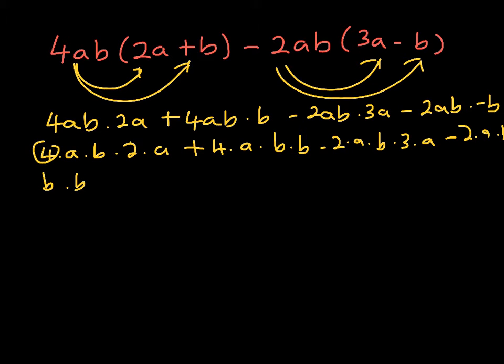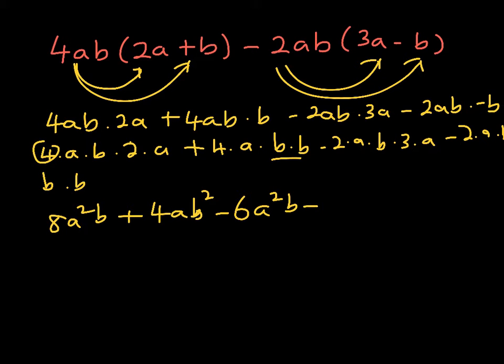4 times 2 will give us 8, a times a will give us a squared, so that is 8a squared b, plus b times b gives us b squared, so 4ab squared, minus 2 times 3 gives us 6, and then a times a is a squared b, so 6a squared b.